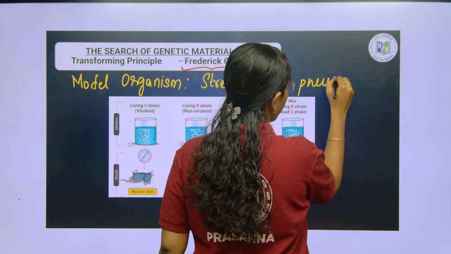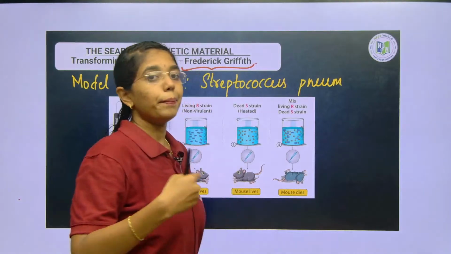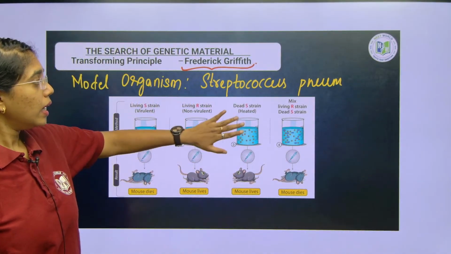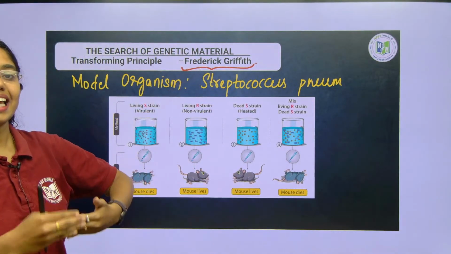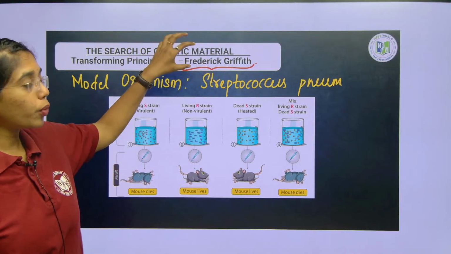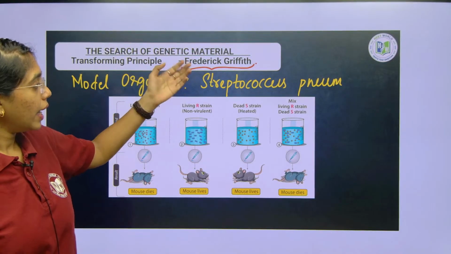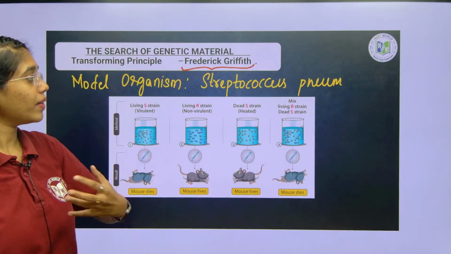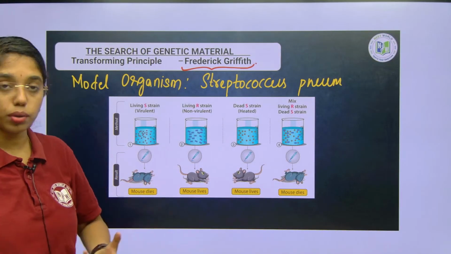I think you have come across this experiment in your previous classes as well, but in continuation with this experiment, to prove that DNA is the genetic material, we have a few other experiments also that we are going to learn now.